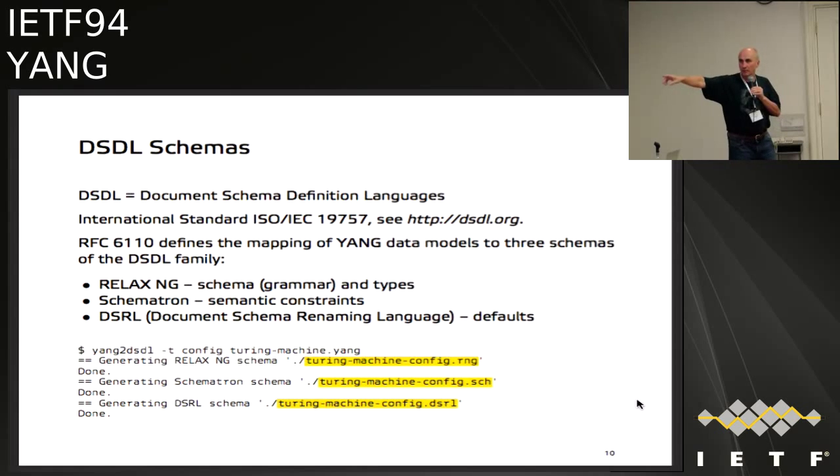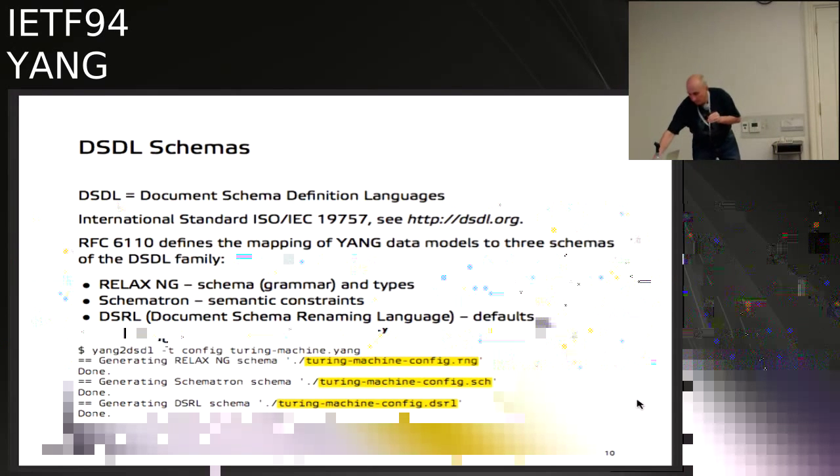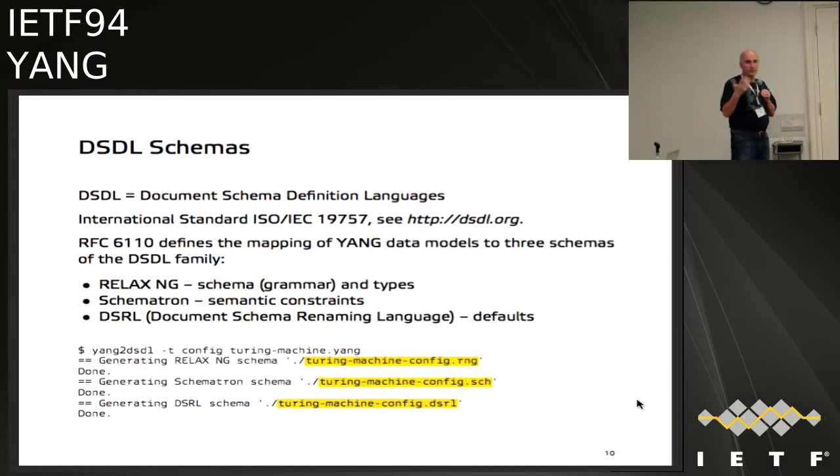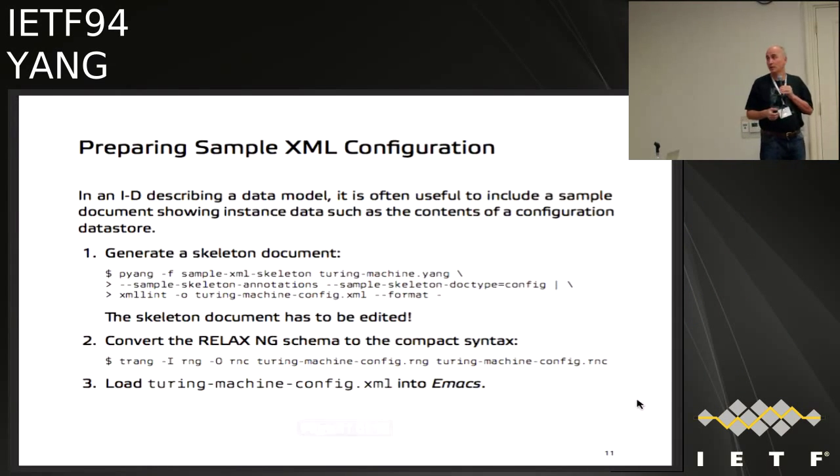And here you can see the three schemas are saved in files, and their names are here on the right. So if we generate these schemas, we can use them for validating a configuration, for example a sample configuration.